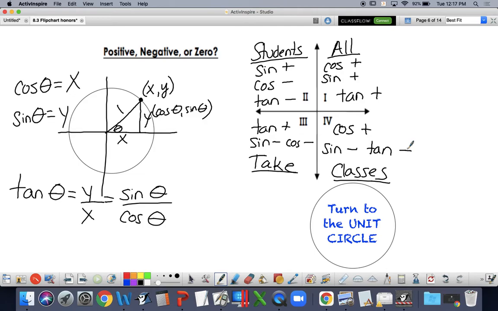The only quadrant where cosine is negative and tangent is positive. Tangent is positive. Cosine is negative. All right, the finger game is working. I see it. Okay. The only quadrant where tangent is negative and sine is positive.